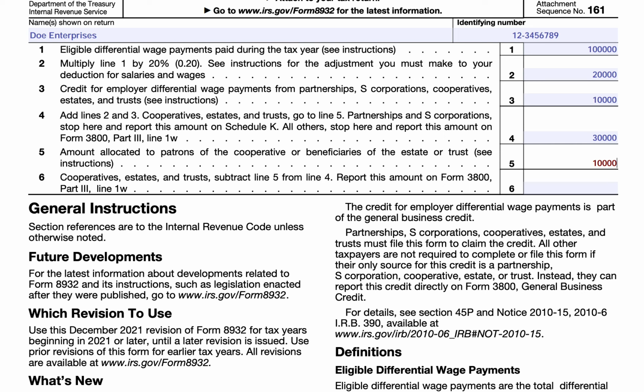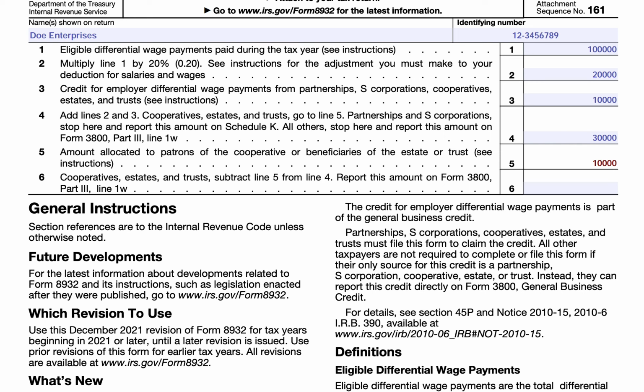And if you're subject to passive activity rules, then you would need to also complete IRS Form 8810, which is the corporate passive activity loss and credit limits, to determine how much of the allowed credit must be allocated to patrons. For estates and trusts, you need to allocate this tax credit to all of the beneficiaries in the same proportion as you allocated income.